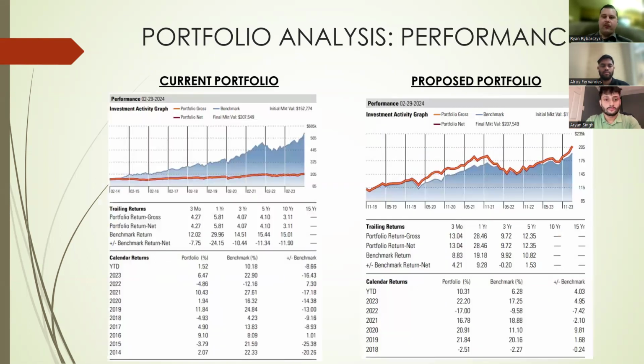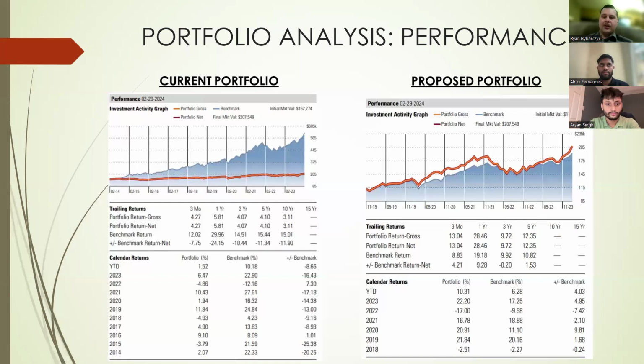As we know, the current portfolio has really lagged the benchmark portfolio by a considerable amount for the last 3 years, performing at 4.07%, while the benchmark portfolio with similar asset allocation delivered 14.51%. Our new portfolio has had fairly strong performance over the last 5 years, delivering a 12.35% rate of return over the benchmark return of 10.82%.